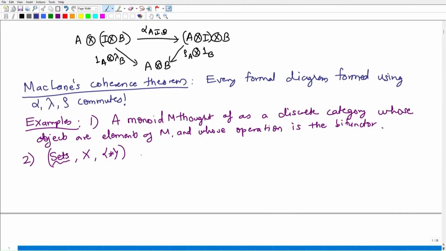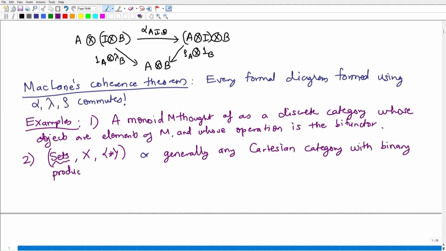Or generally, any Cartesian category, with binary product and terminal object. Okay, so you have this example.